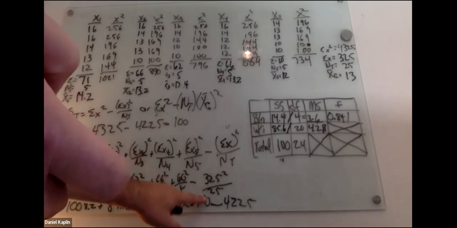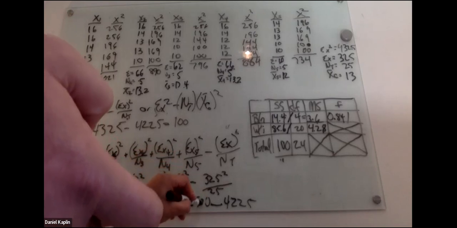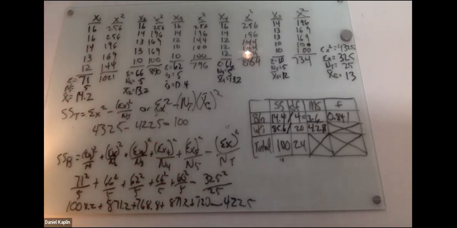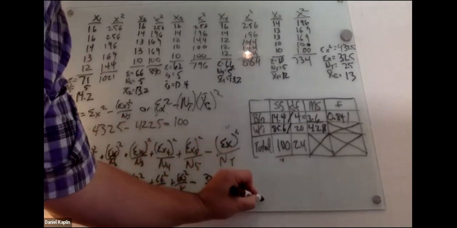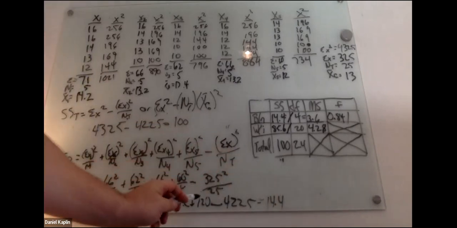Let me just double check that. I think that was 720, right? If I do that, I get a number that is 4239.4 minus 4225. What do we get? 14.4.